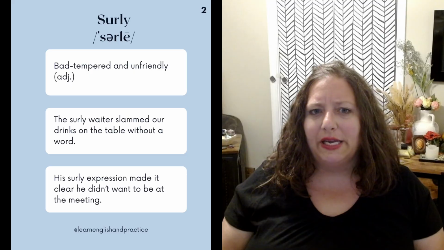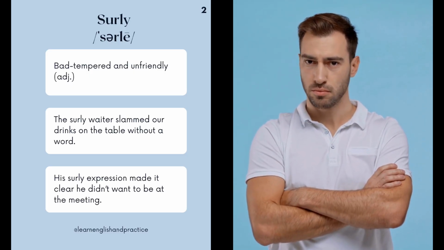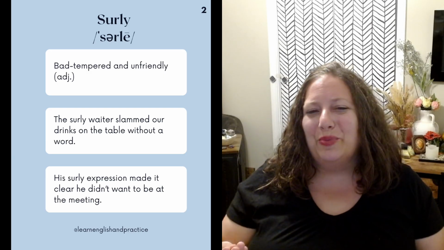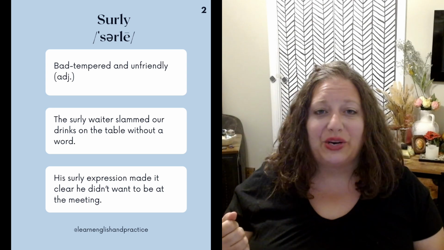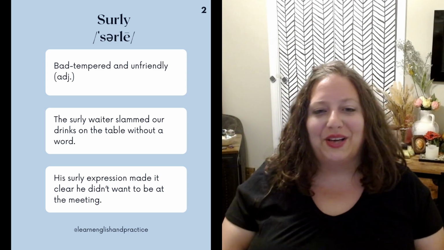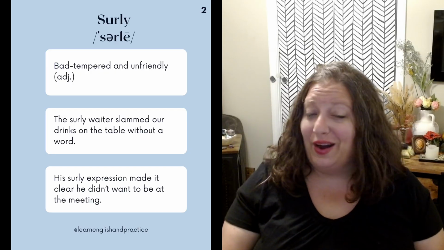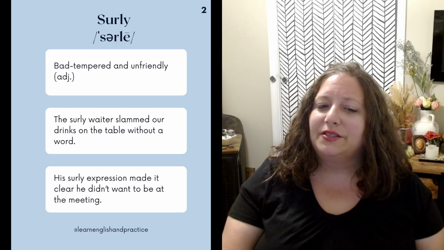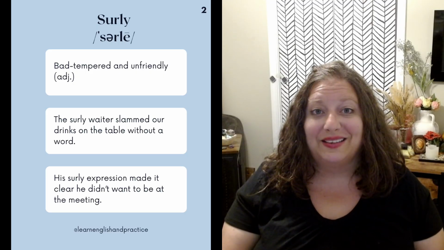Someone who's surly is intimidating and irritable and just someone who you're not likely to be able to have a pleasant conversation with. Examples are, the surly waiter slammed our drinks on the table without a word. His surly expression made it clear he didn't want to be at the meeting.